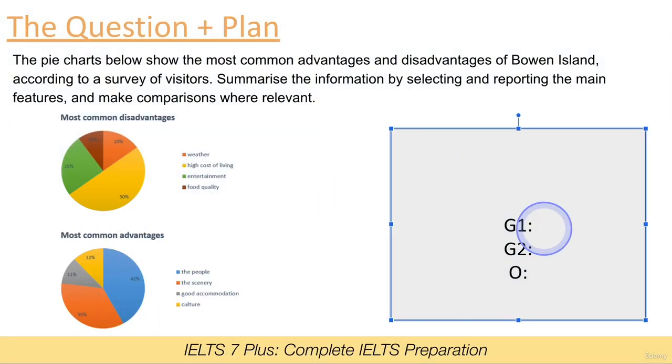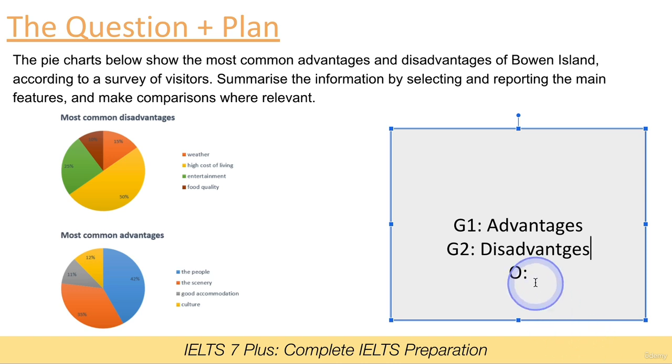So group one then, let's start with the advantages. So advantages, we can talk about the fact that over 2/3 of people thought that the people and the scenery were the biggest draw, the biggest attraction for the island. Then we can go into the disadvantages here, where half thought that the high cost of living was the biggest one.